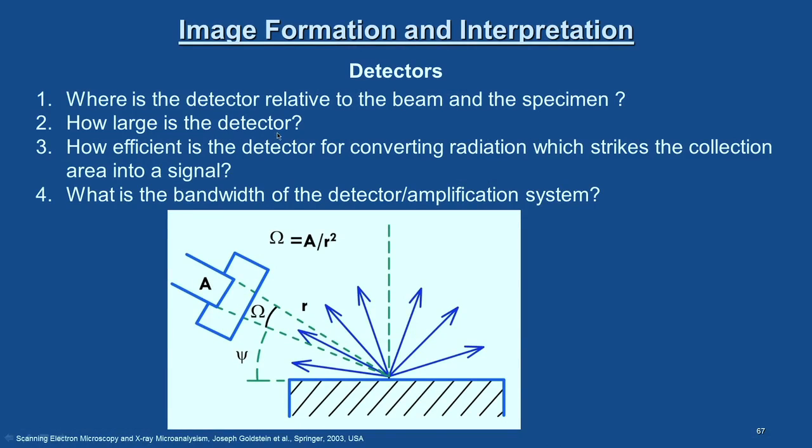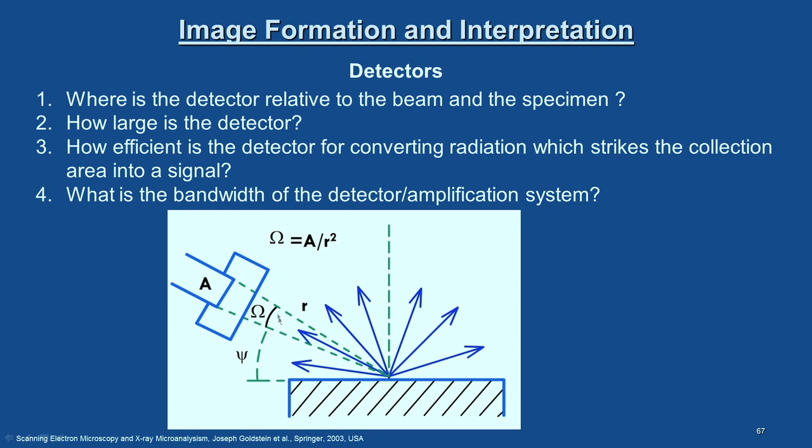How large is the detector, and how efficient is the detector in converting radiation which strikes the collection area into signal, and what is the bandwidth of the detector or amplification system? So, here is a schematic which clearly shows this.